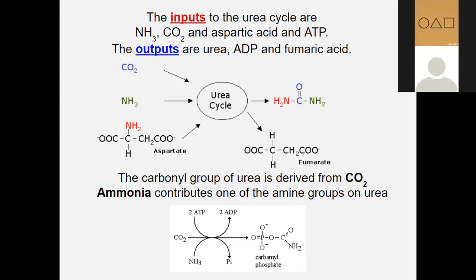So where does the carbonyl group of urea come from? The input is carbon dioxide. So with the use of ATPs, 2 ATP you will use, you combine carbon dioxide and NH3, you form carbamyl phosphate. So this is the counterpart of acetyl coenzyme A in the Krebs cycle. So this is our starting material for the urea cycle.